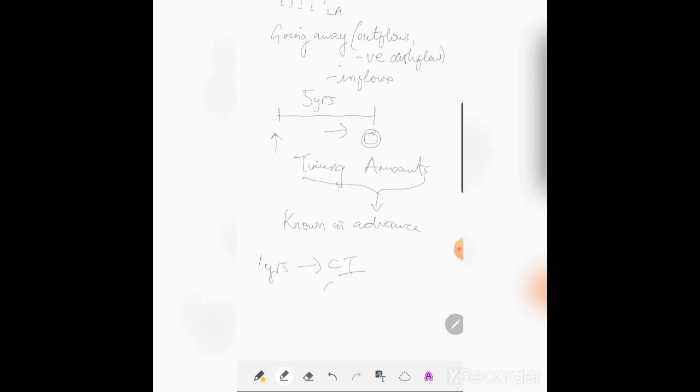What are my total cash outflows? The difference between the two is what we call the net cash flow. If it is positive, then it's the net cash inflow. Otherwise, we'll say it is a net cash outflow.